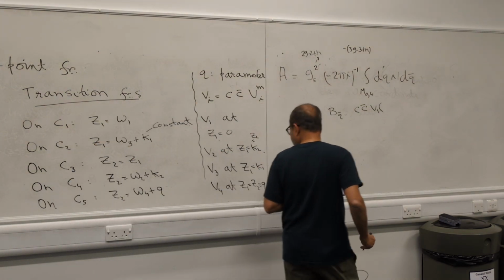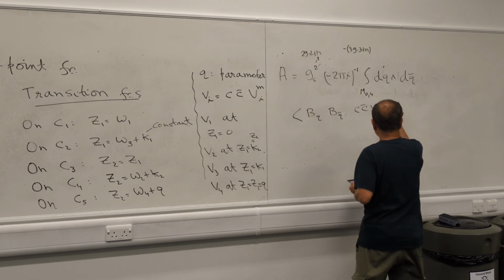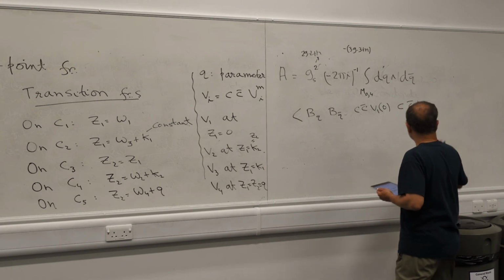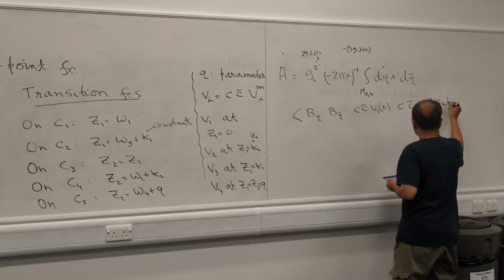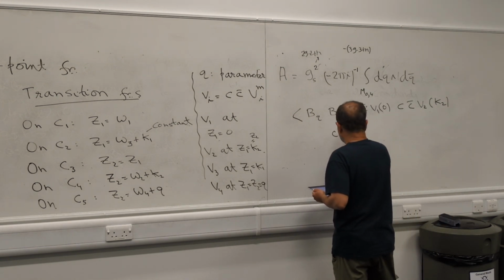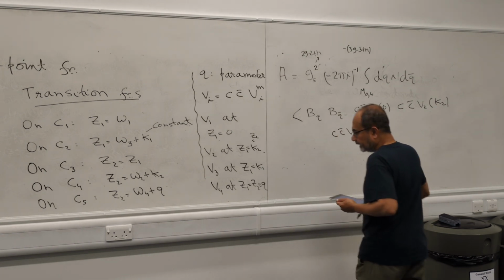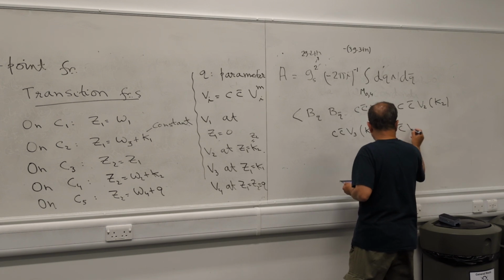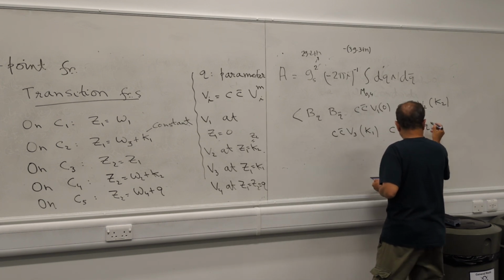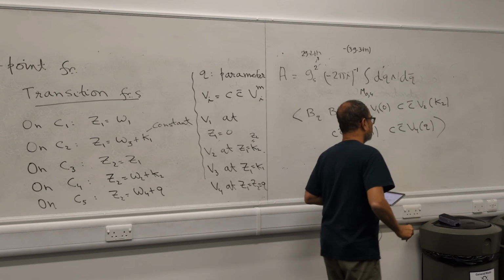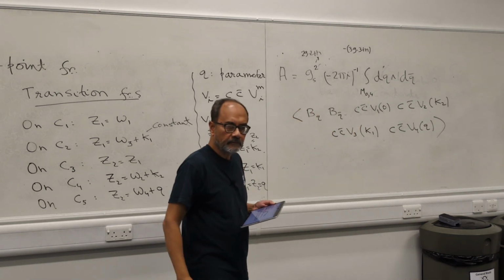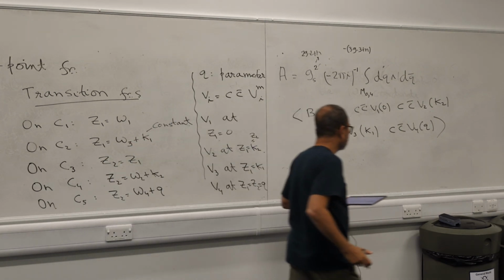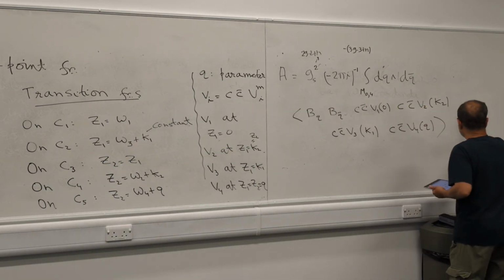So CC bar V1 at 0, CC bar V2 at K2, CC bar V3 at K1, CC bar V4 at Q. Is that clear? This is in the Z1 plane. We are working in the Z1 plane.